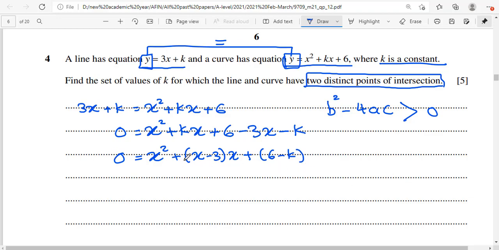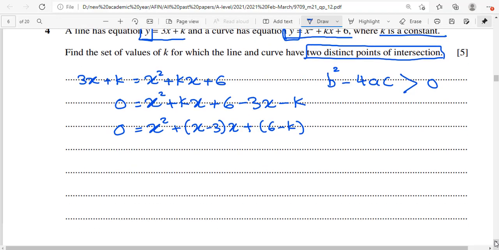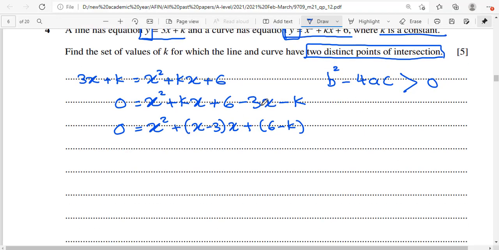Now, since I have a quadratic equation and there is two distinct points of intersection, I straight away work on this inequality. b squared, whereas b is the coefficient of x, and the coefficient of x is this bracket, so the whole bracket is representing b. a is the coefficient of x squared, since there is no number, it means it's positive 1. And c is this combination of two constants.